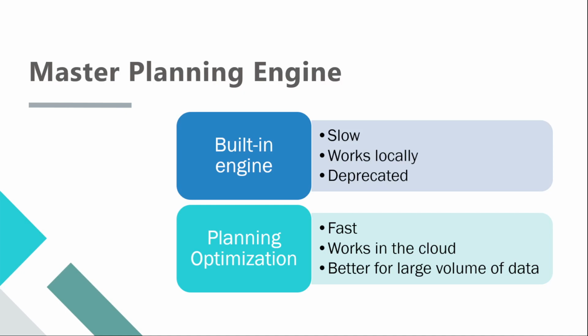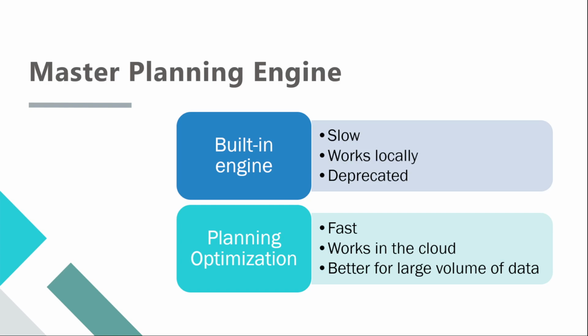Let's take a quick look at two different planning engines in Dynamics 365, the built-in planning engine and the newer planning optimization engine. Let's start with the built-in one. The built-in planning engine is the original engine that came with Dynamics 365 from the previous version, which is called AX.